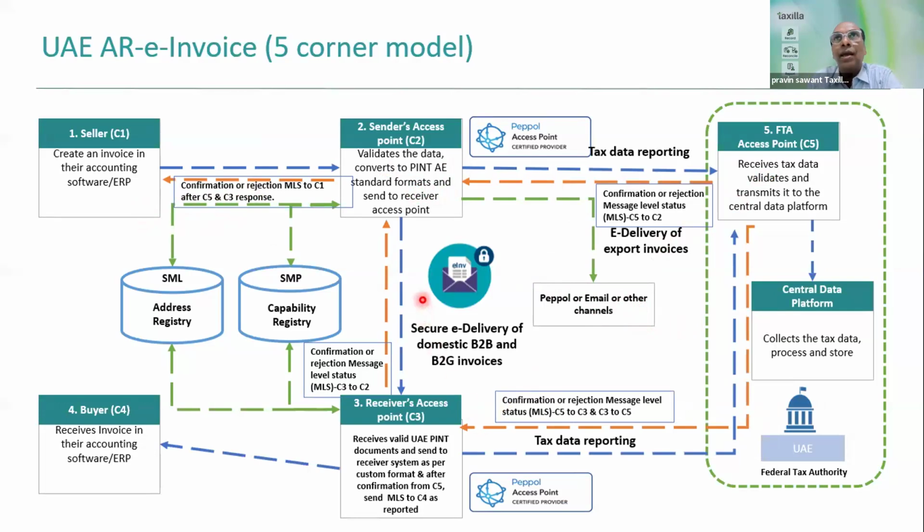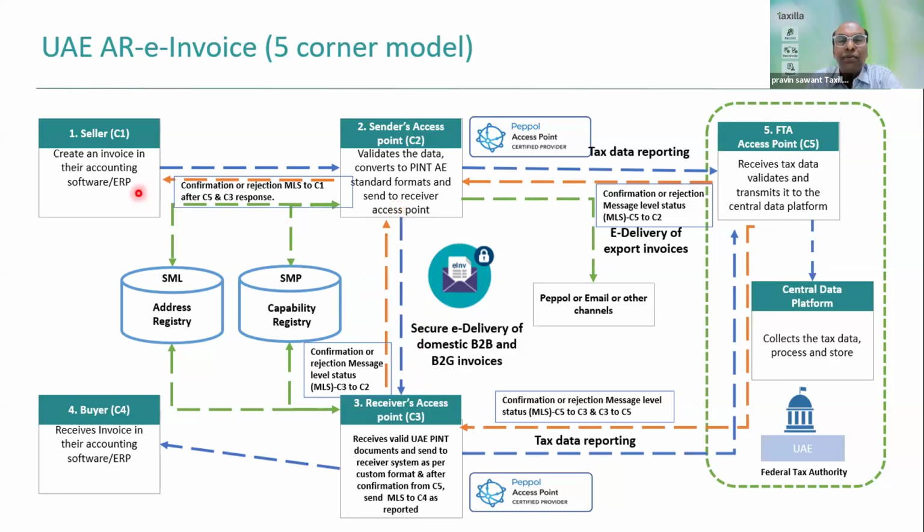But along with that, there are certain cases where you want to share some additional or supporting document. For example, you want to share a dispatch advice, some calculation in an Excel sheet, a PDF copy, or some diagram in a JPG file. All that can be shared along with this.